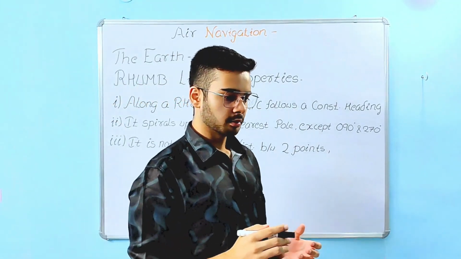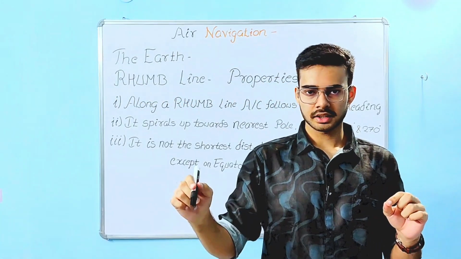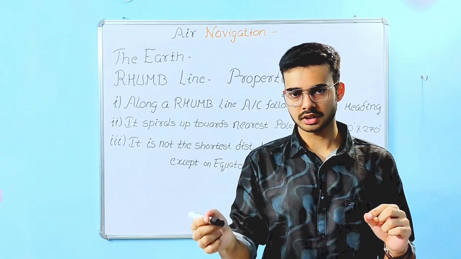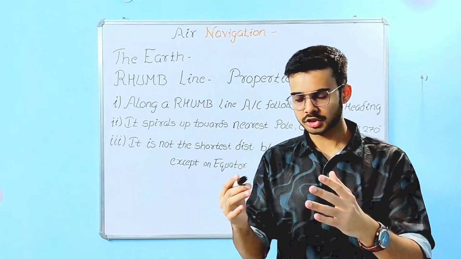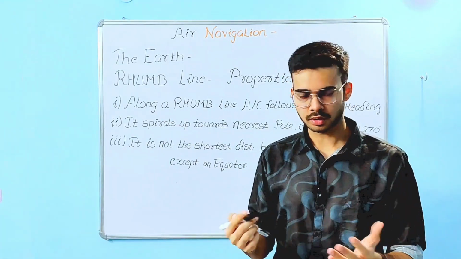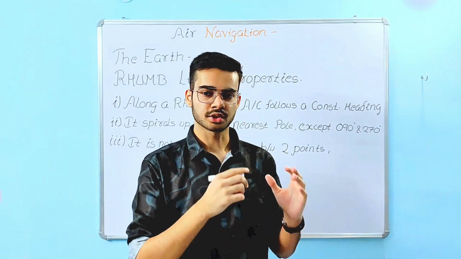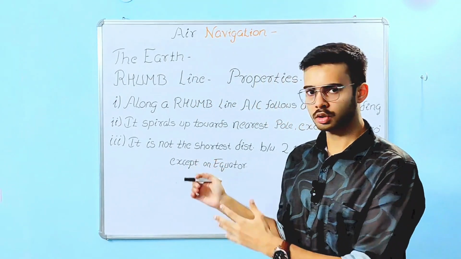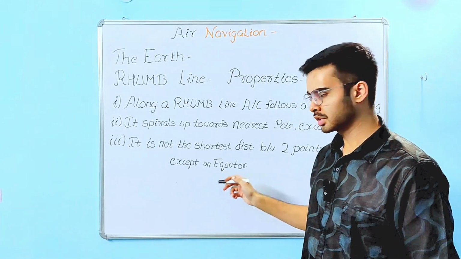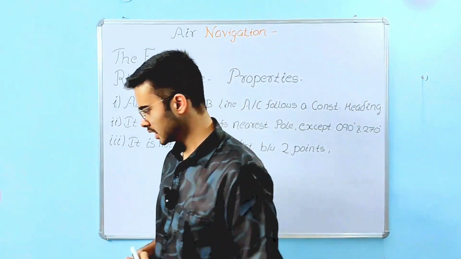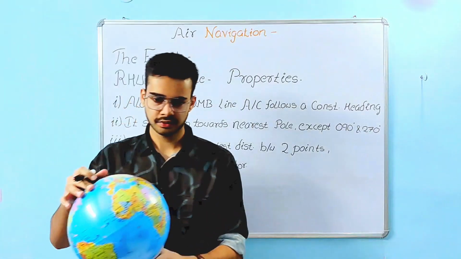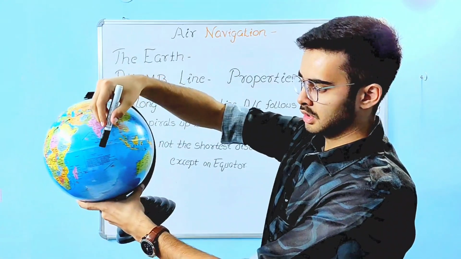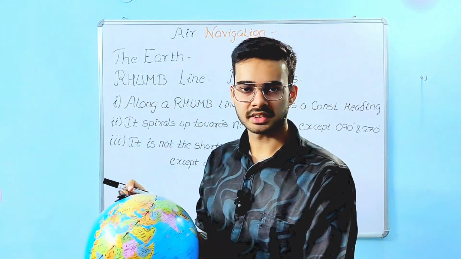So again, rhumb line gives a constant heading, not the smallest distance. And the opposite happens in great circle, as we already studied. Great circle gives the shortest distance, not the constant direction. So exactly opposite, but except on the equator. Why? Because if we see this equator, it is both a rhumb line and a great circle.